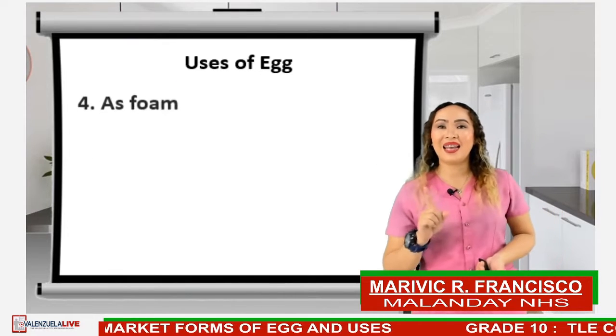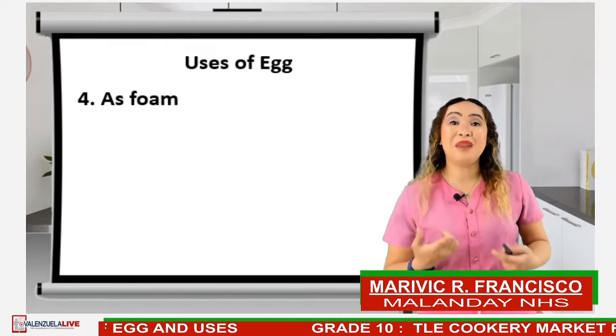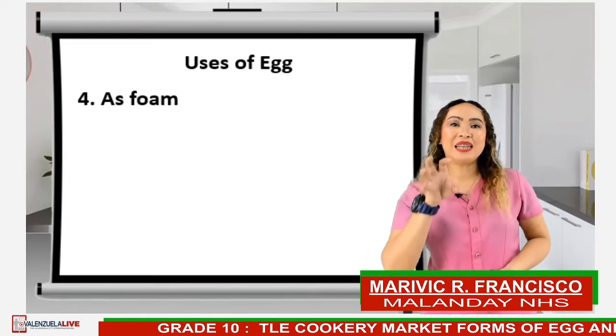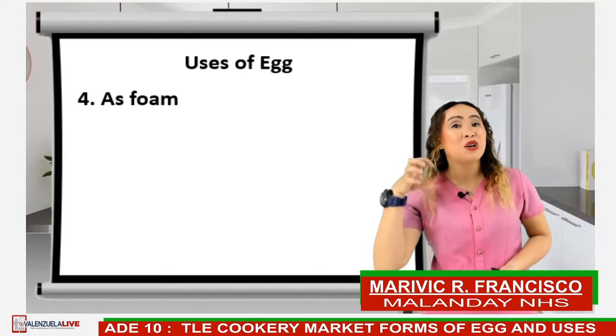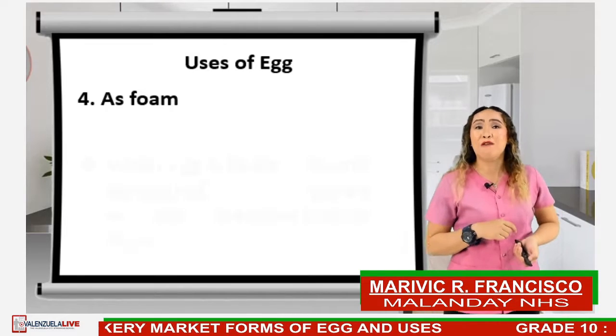Then, egg as a foam. When egg is beaten, albumin is denatured. Air is the important factor here. So it is incorporated as white is stretched into thin films.